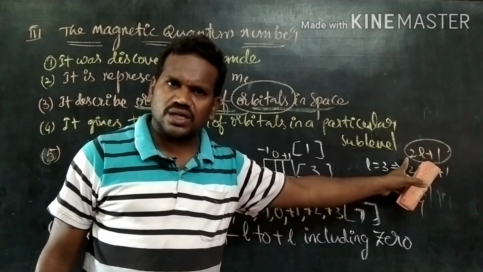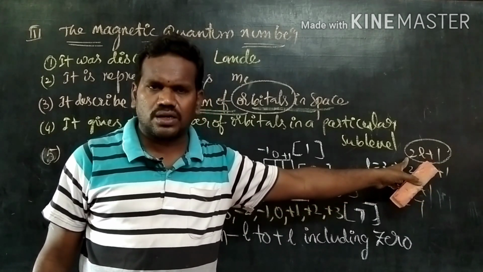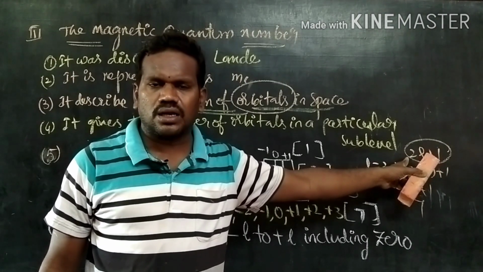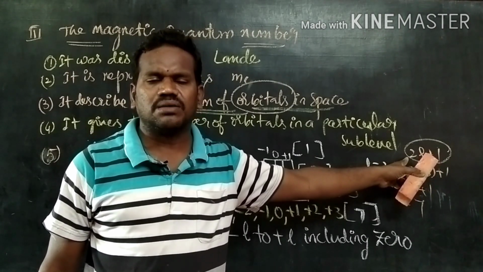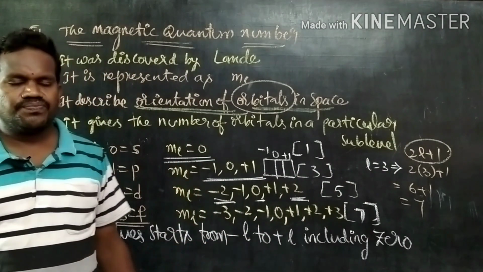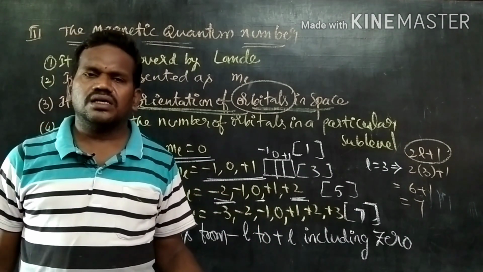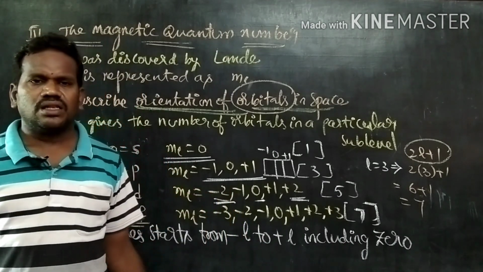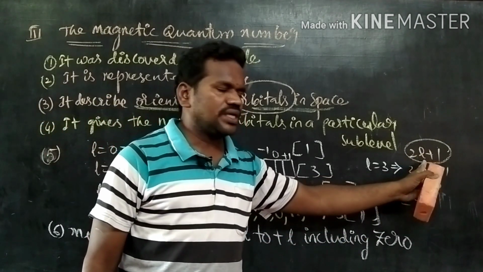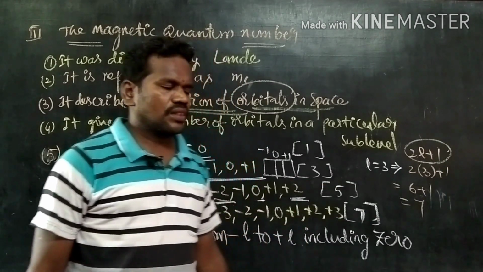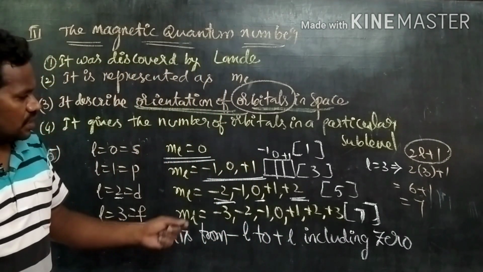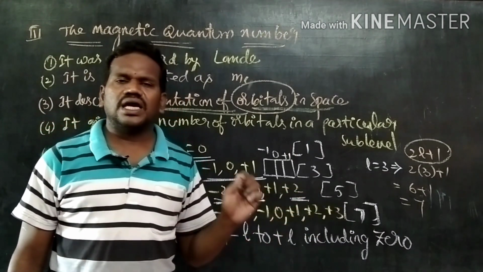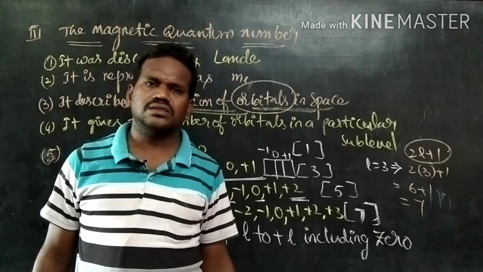So 2L plus 1 is the formula to count the number of orbitals present in a given sublevel. These orbitals, which has 5 orbitals, 7 orbitals, they have equal amount of energy.